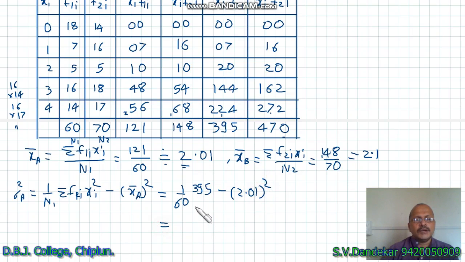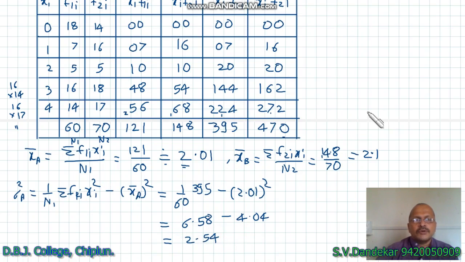This is equal to 6.58 minus 4.04. So I am going to write this as 2.54.